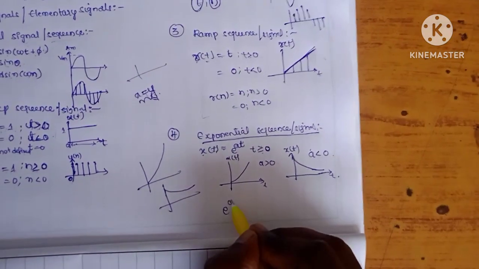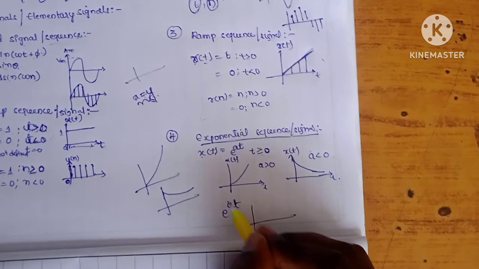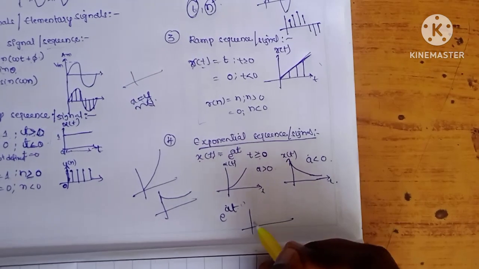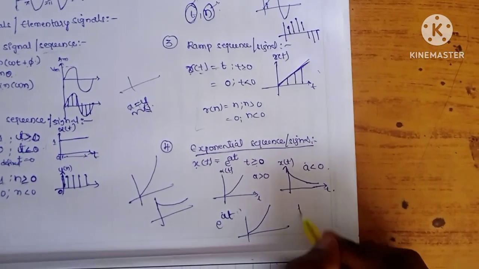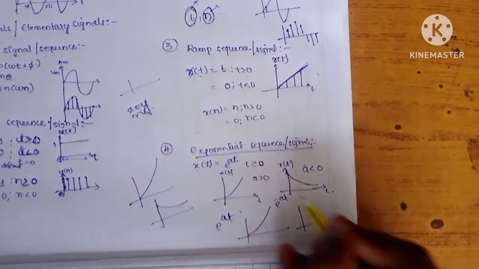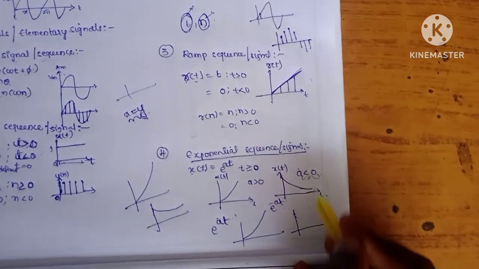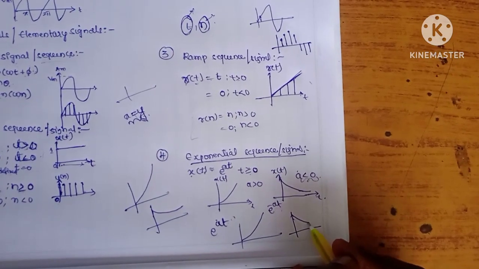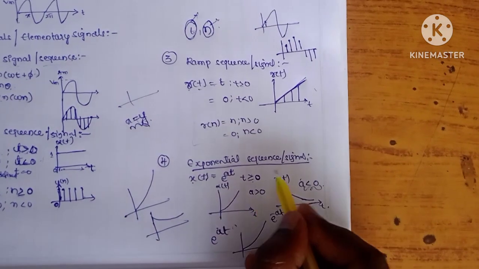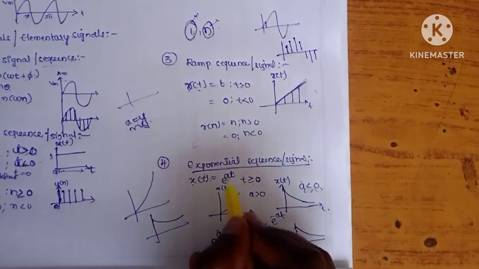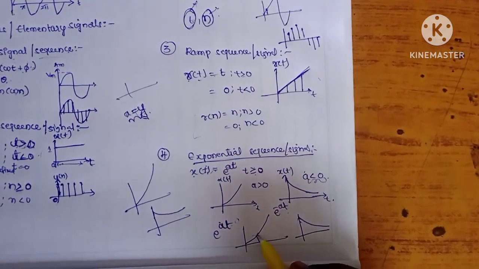For e power at with a greater than 0, it gradually increases. If we take e power minus at, with a less than 0, it gradually decreases. So this is the exponential signal. If we take a sequence, we will use n to get the samples.